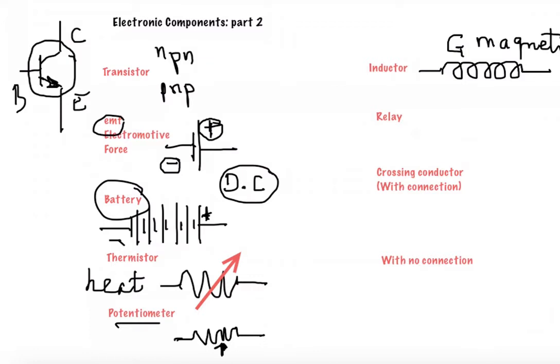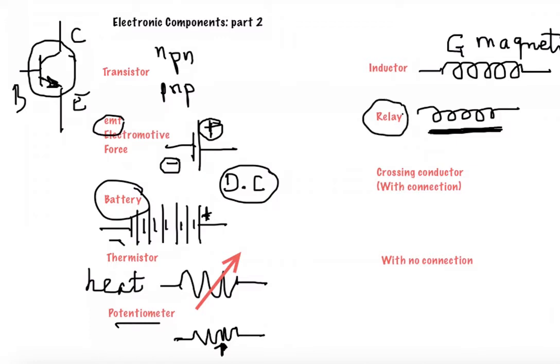Now, if we have an inductor and we put, for example, a core, usually a metallic core, like iron, for example, this is reinforcing the magnetic field, and that's the case for a relay.